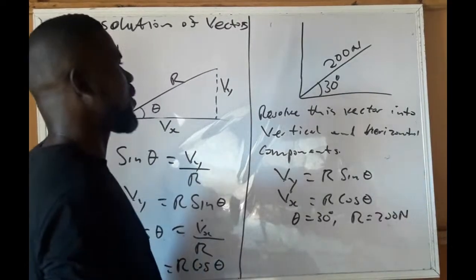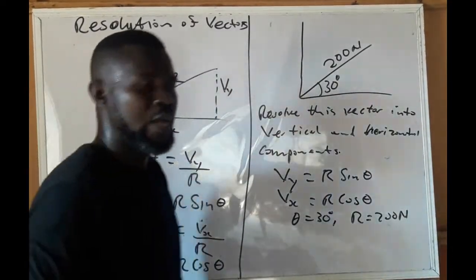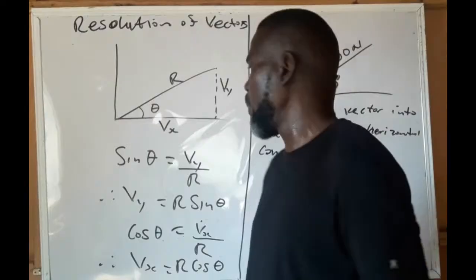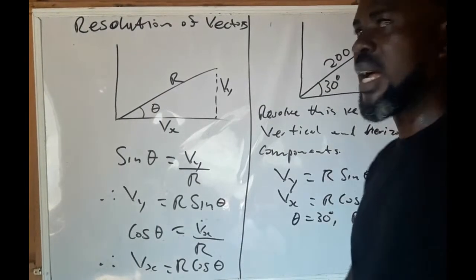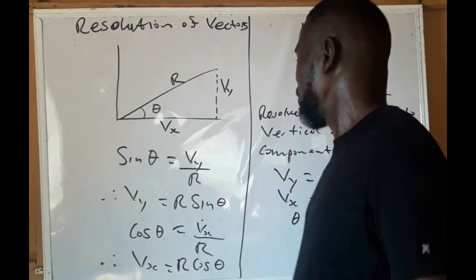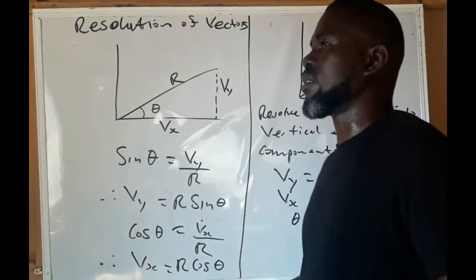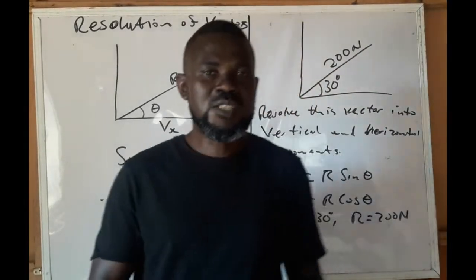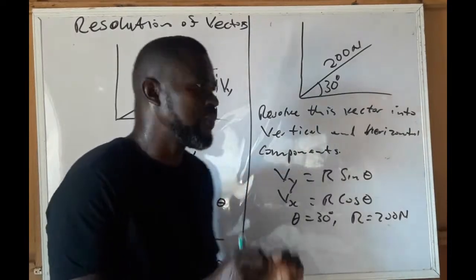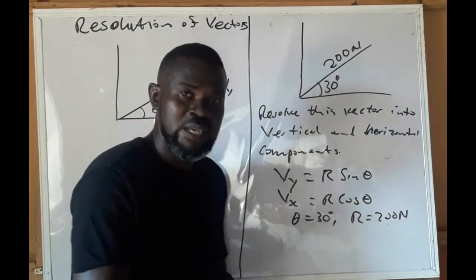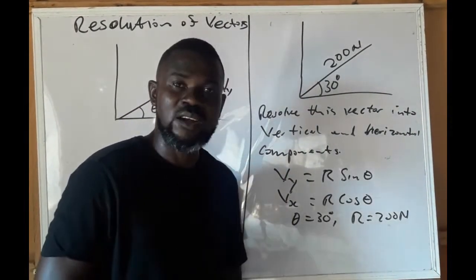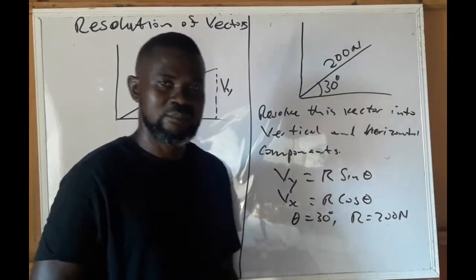Here we are picking first as an example of a vector. Please note, it is not compulsory to use these letters, because at some other time you can use just any letter for vertical and horizontal component. What matters is that you are able to resolve them into vertical and horizontal components correctly.